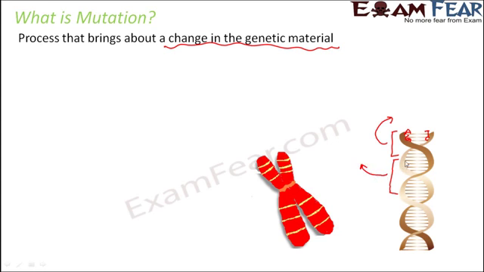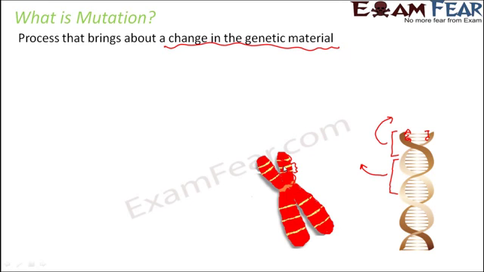So if I alter the sequence of bases here, or these genes are also located somewhere on the chromosome, where you also have the helical structure like this, right? Suppose this sequence of bases responsible for hair color is located somewhere here in the chromosome. Now if there occurs some change in the structure of the chromosome itself, what will happen? This will impact the trait. This will impact the hair color. How? By impacting the synthesis of the protein. So this is how a change in genetic material can bring about changes in the next generation.